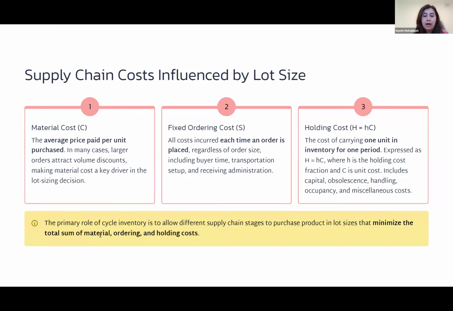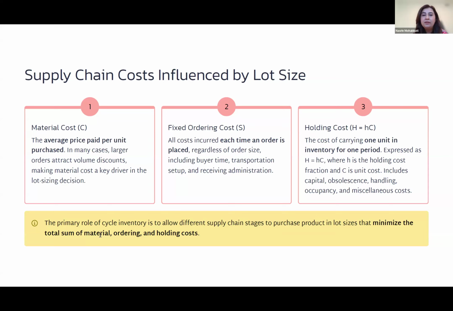What happens is that usually when you purchase in large quantities, you get some sort of discount for the volume. So if you are running a sneaker sports shoe store and you are only purchasing your inventory exactly based on demand, trying to be lean, then you might have increased material cost because you cannot use the discounts or you cannot achieve economies of scale when shipping things.